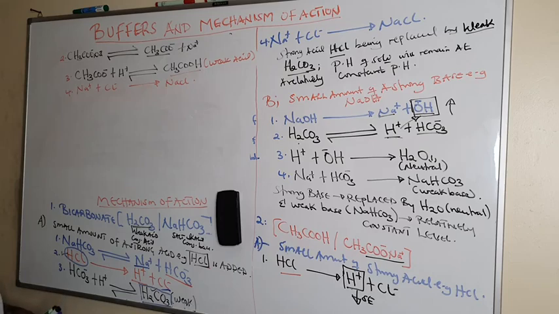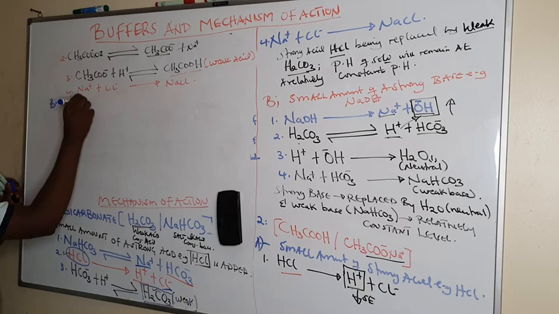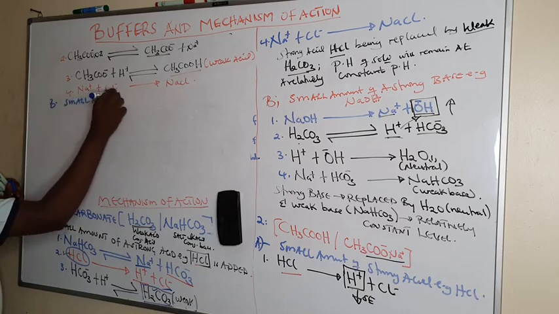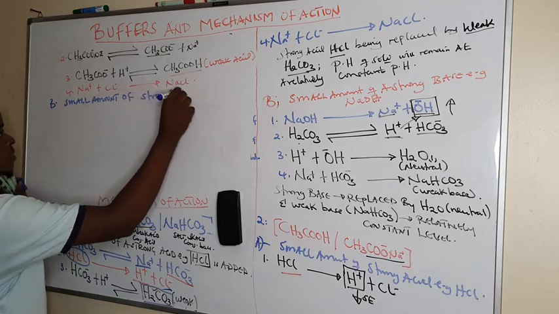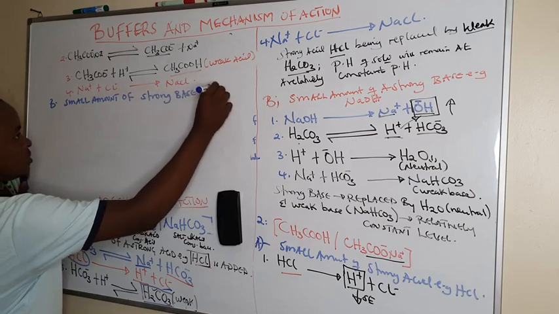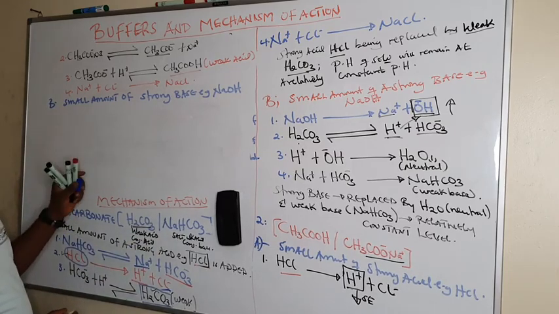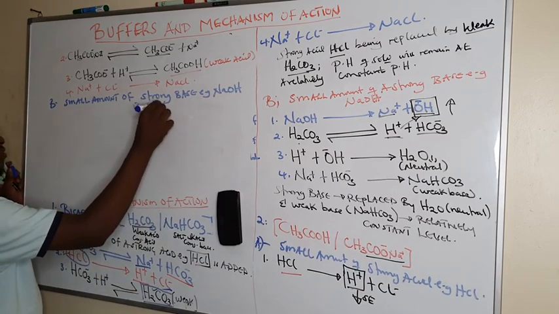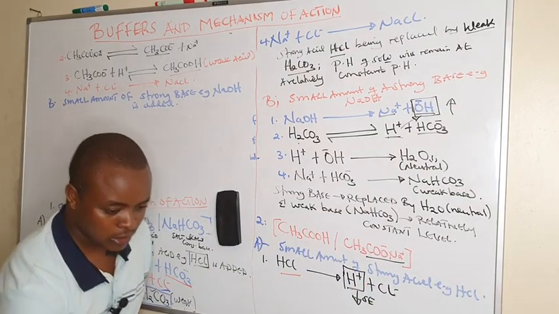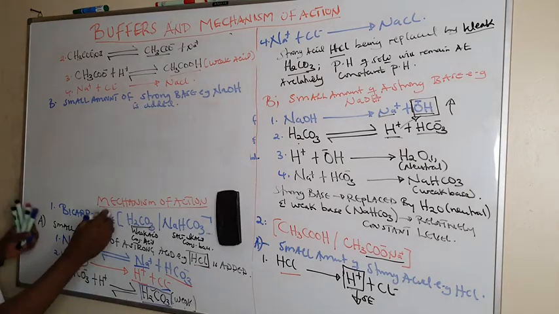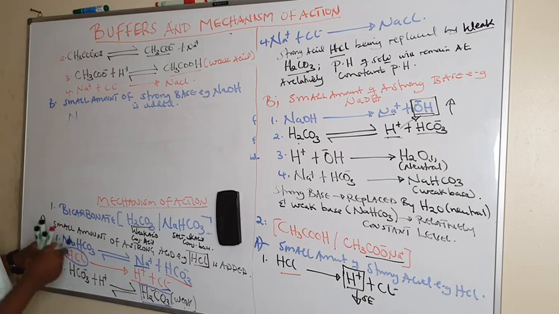Then another scenario is when small amount, the key point should be small amount of a strong base, of a strong base such as sodium hydroxide, which is commonly used, if the small amount of a strong base is added to this buffer solution containing ethanoic acid and sodium ethanoate, we are going to see that this sodium hydroxide which is put in this buffer is going to dissociate completely.